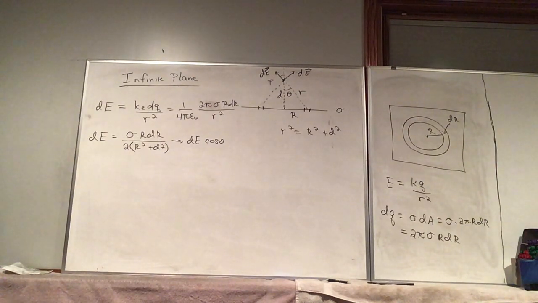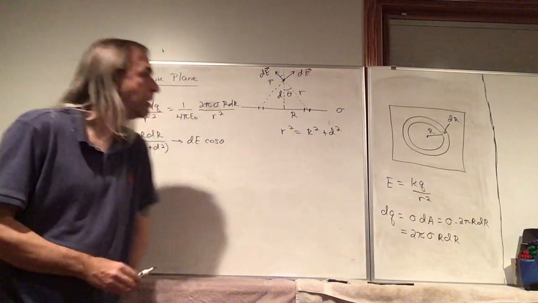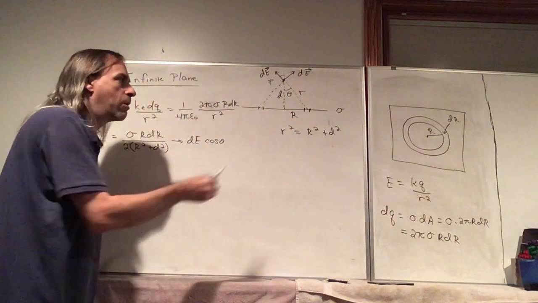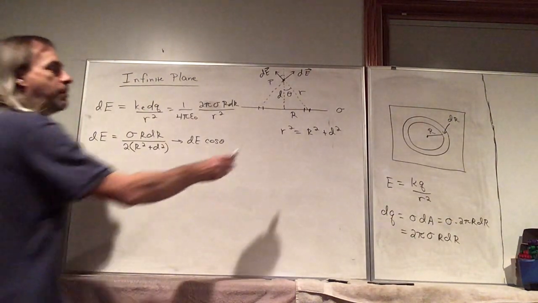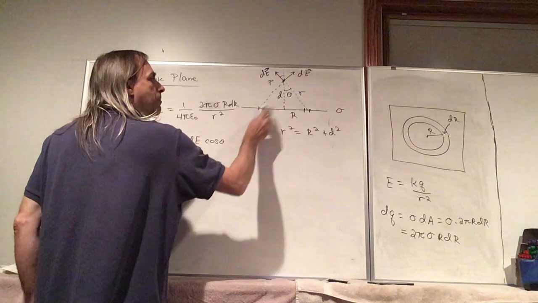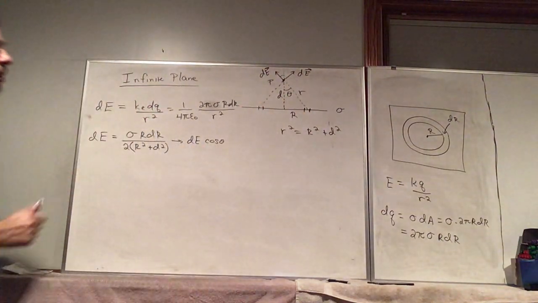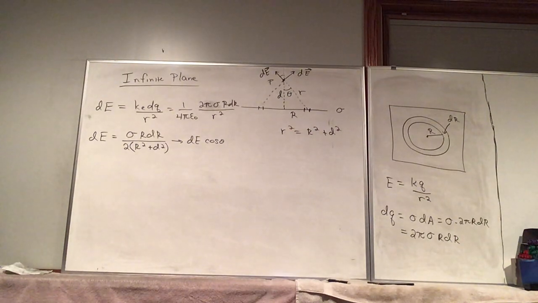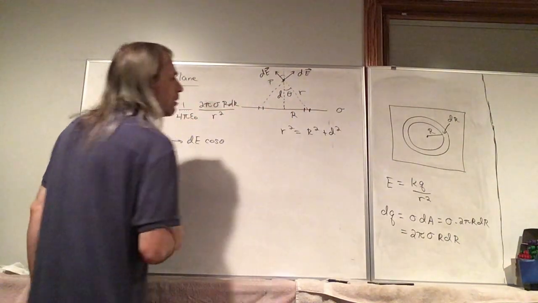And again, we could consider the horizontal component as well and integrate that, but when we go around the whole integral, that's going to end up being 0. So we have a piece here that points this way, a piece here that points that way. Those two components cancel each other out. And so we can just worry about the vertical component. And that would apply all the way around the circle.